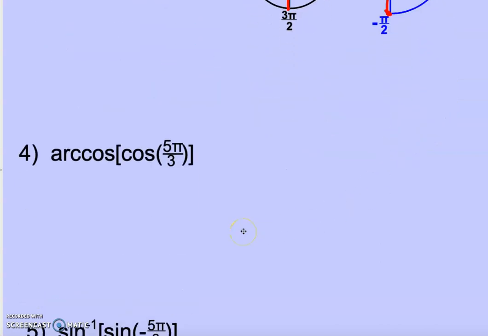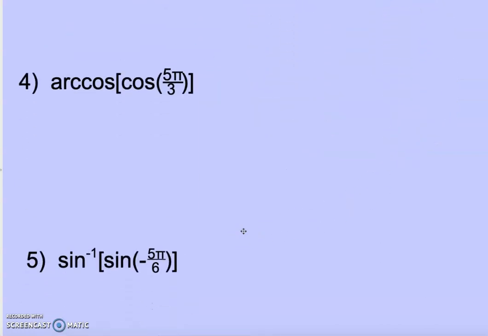So let's get down to another example here, number 4. This might be worth your time pausing and trying on your own, and then we'll come back and check and see how you did. Well, okay, it's a composition of functions, so we always start in the innermost function with 5 pi over 3, and it's a cosine.